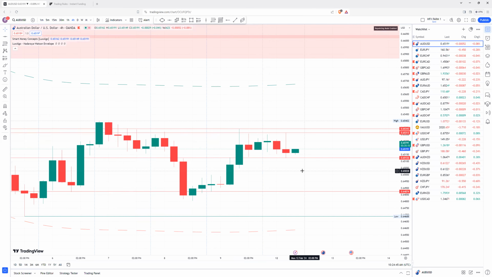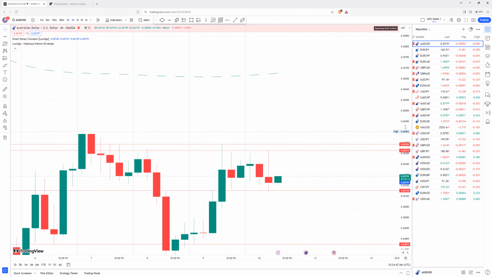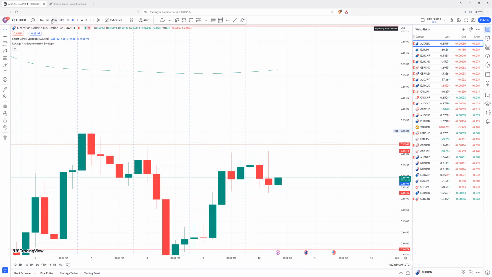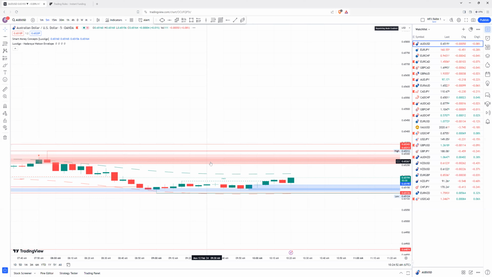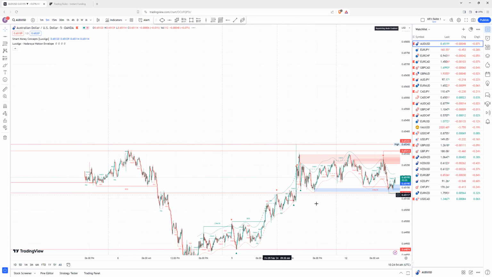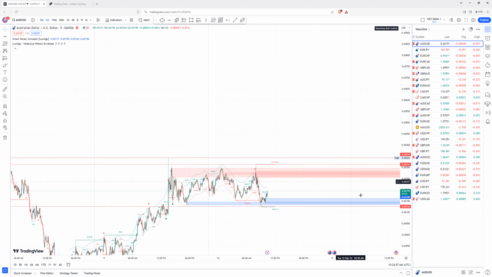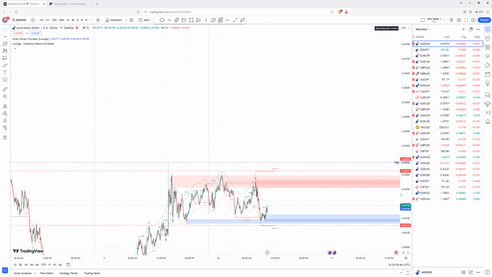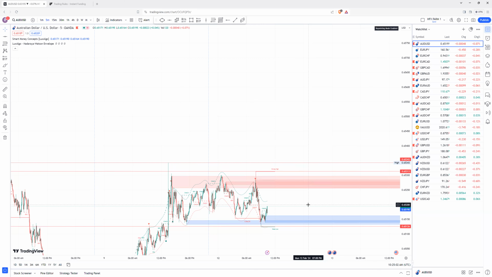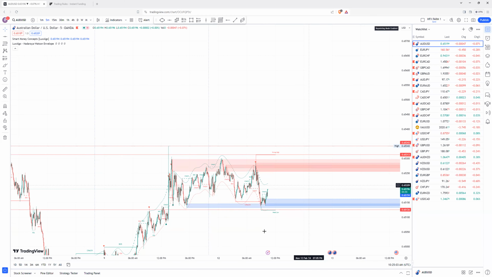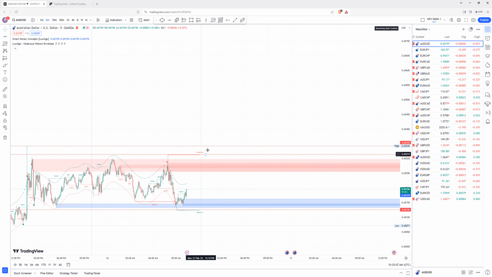Now, where should we be looking to take a trade? Since we've already marked the high and the low of the previous daily and the same thing for 4-hour, what you are looking for right now is when the candle gets inside this zone and is above Nadaraya, then you can trigger a trade for a sell.